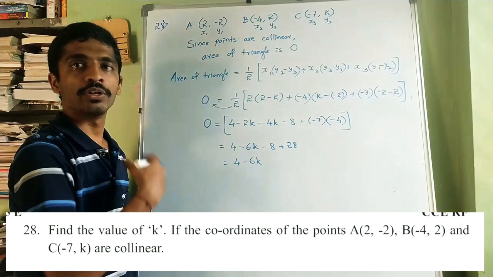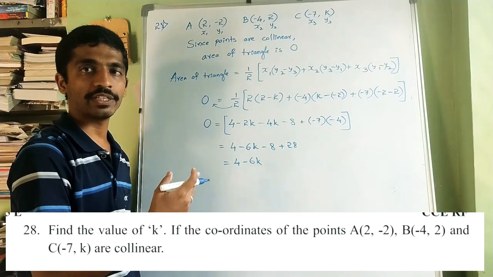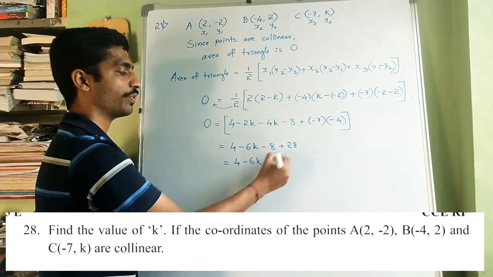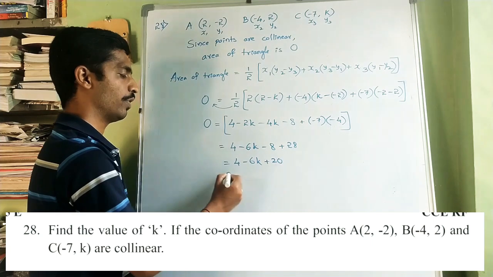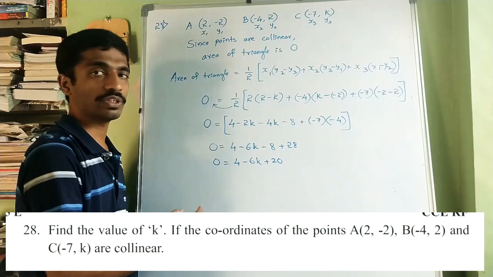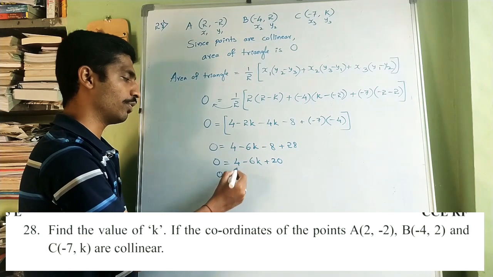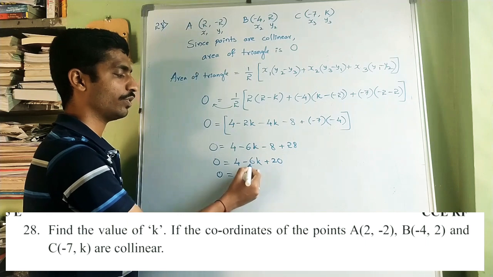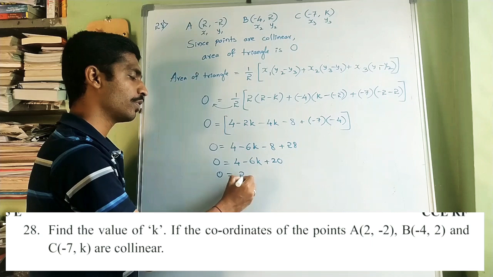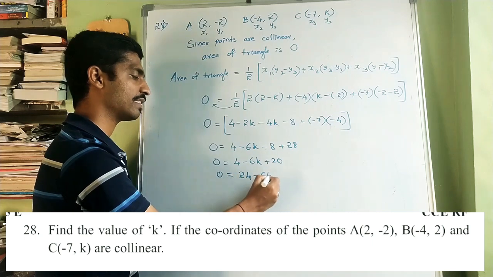Okay, so here 4 minus 6k, minus 8 plus 28. Here minus, here plus. What you have to do? Both are opposite signs, so you have to subtract. So 28 minus 8, 20. Plus 20. Okay, on the left side 0 is there, keep it like that only. 4 plus 20, you can't add two variables, so keep it like that. 4 plus 20 becomes 24, minus 6k.